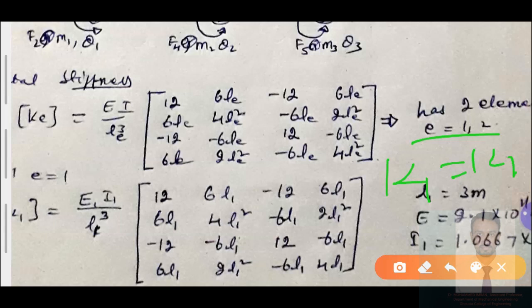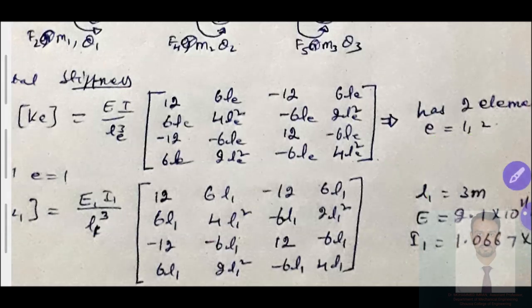We have converted a single beam into two elements using the FEM method. The first step of FEM is discretization. We have discretized the given continuum body into two elements that have uniform dimensions throughout the body.